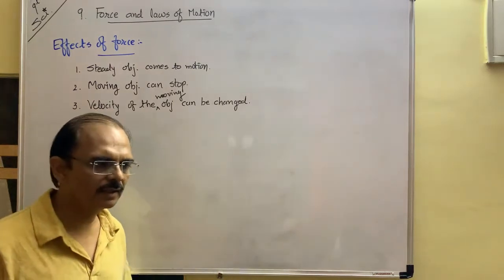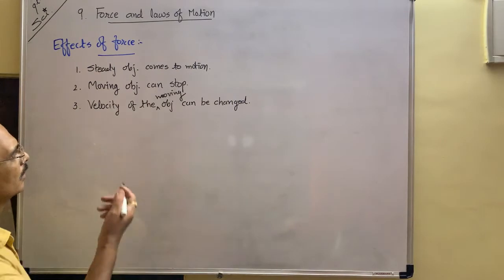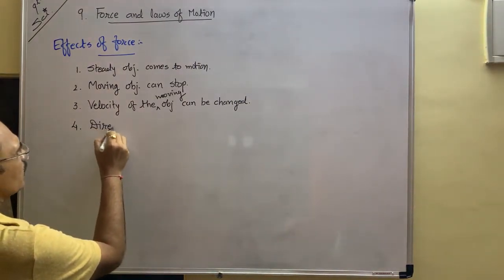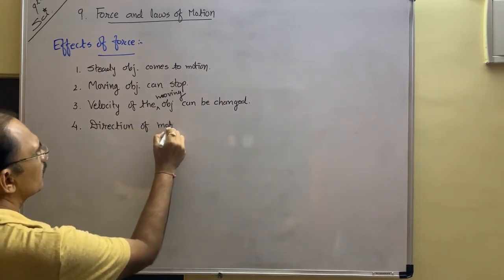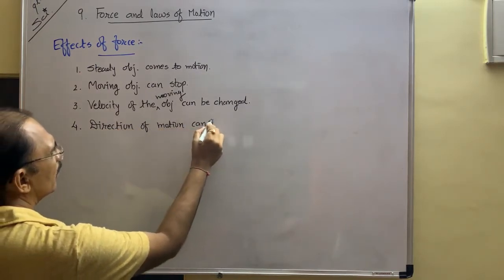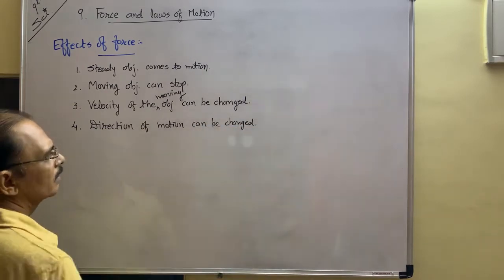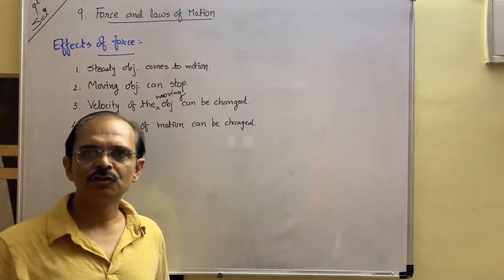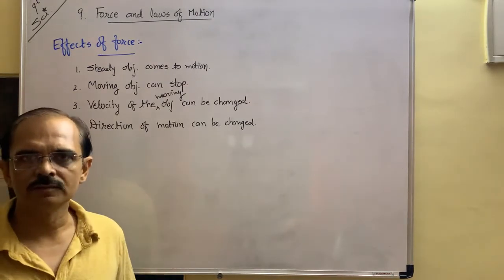You can also say that there is a change in velocity of the moving object. Direction of motion can be changed. Means a ball moves in this direction, and with the help of the bat, the batsman can change the direction of motion.